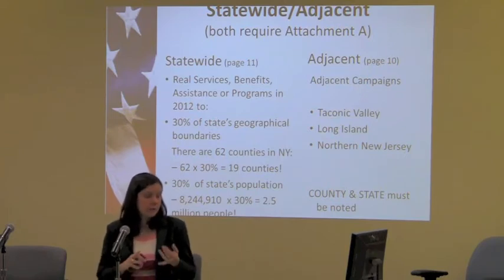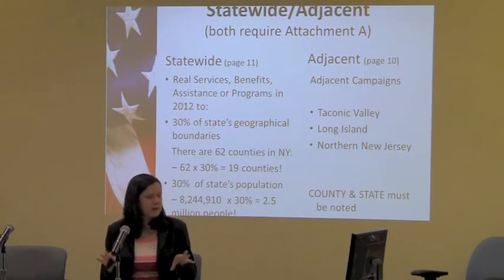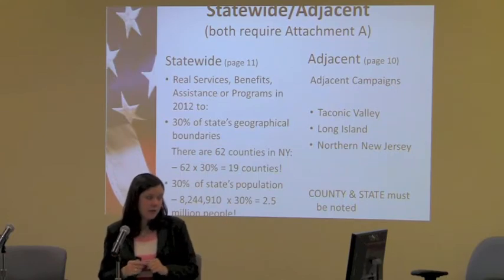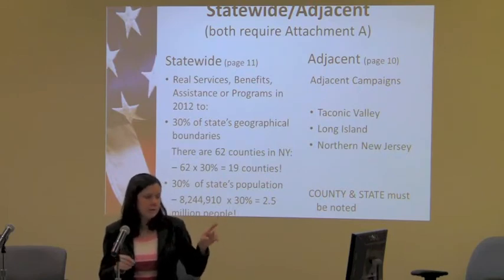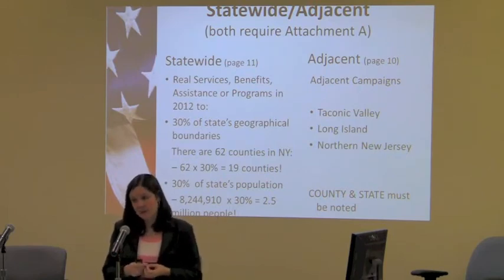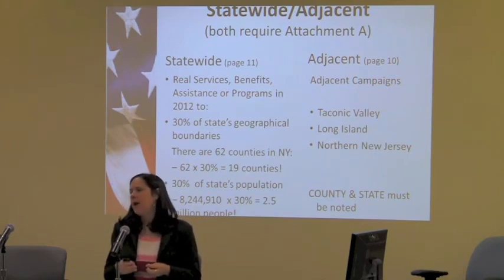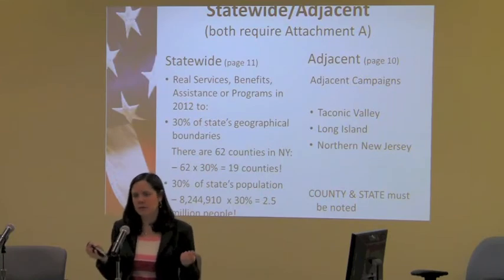You have to offer real services, benefits, assistance, or programs in the year 2012, which is true of everybody, we'll get to that in the attachment, A, to 30% of the state's geographical boundaries. Okay, so there are 62 counties in New York State. 30% of that is 19 counties. So to claim statewide, you actually have to have offered real services. And I have people who are like, well, everyone breathes the air.